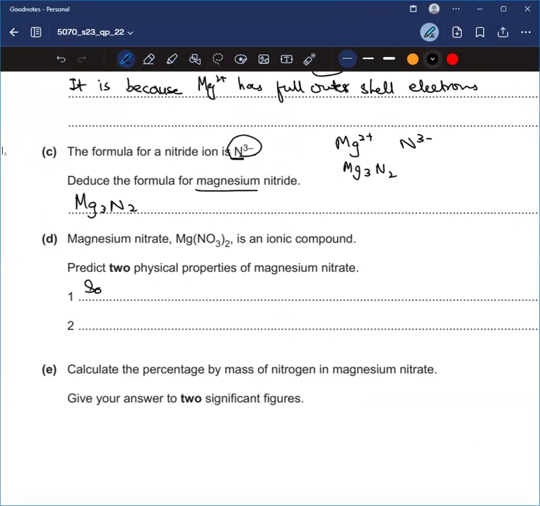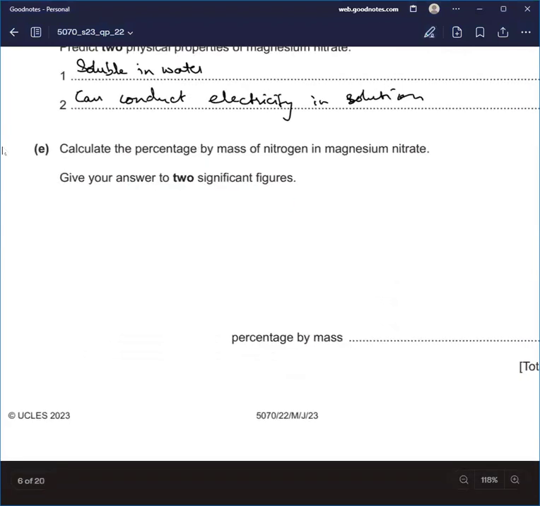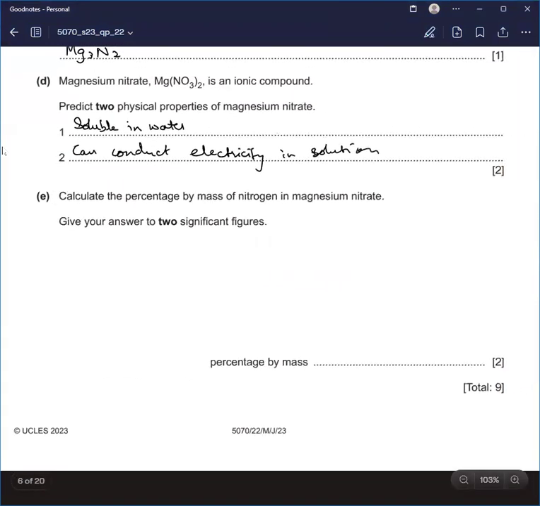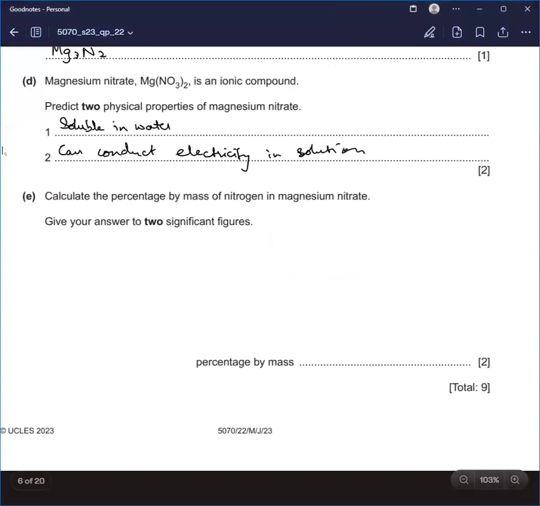So I would write: soluble in water and conduct electricity in aqueous state. Or I guess solution. Why waste time? You can write it in few words.